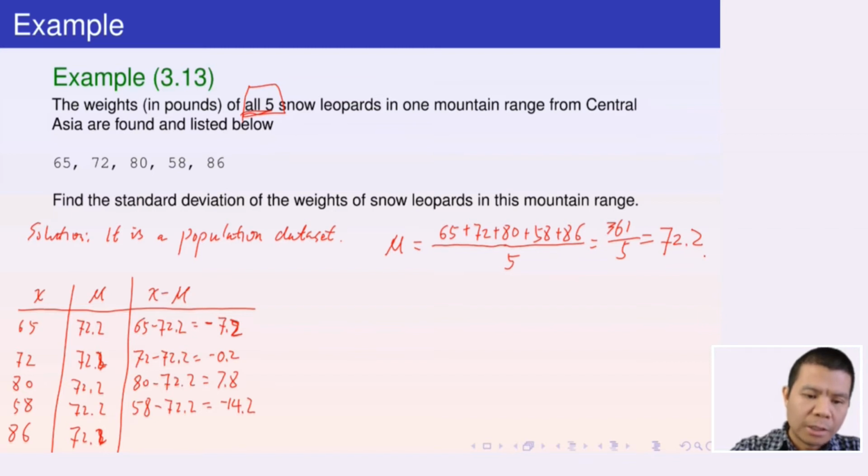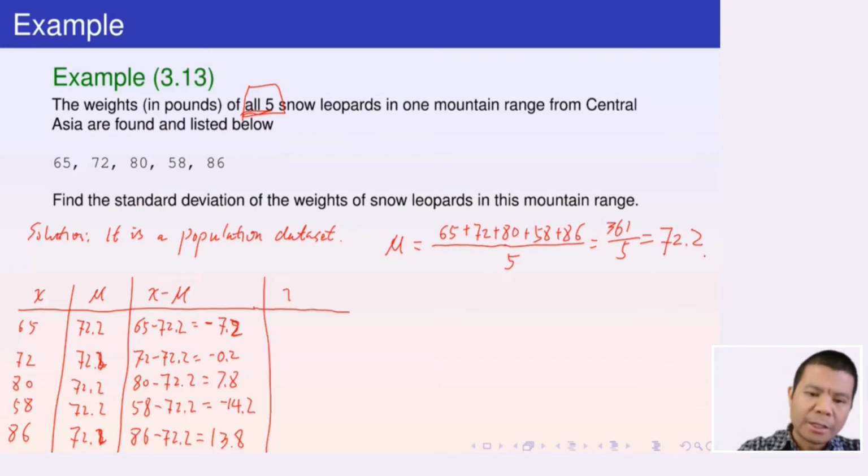And finally, 86 minus 72.2 is 13.8. So we got all the differences.